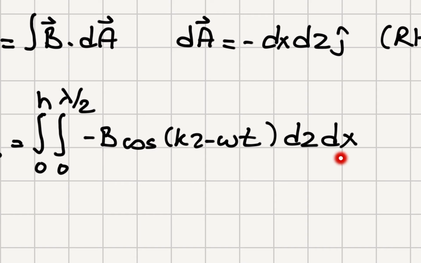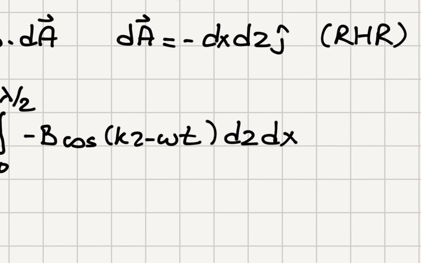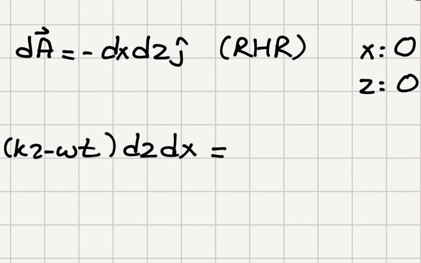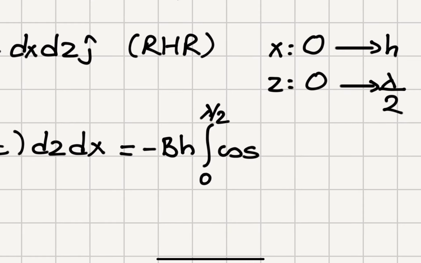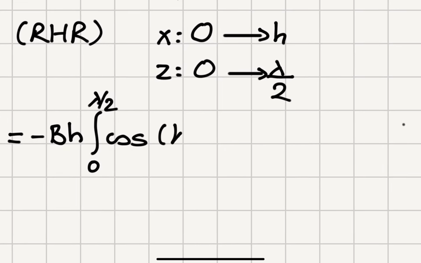The x integration gives me delta x, which is just h. So this can turn into minus Bh times the integral, z goes from 0 to lambda over 2, of cosine of kz minus omega t dz.